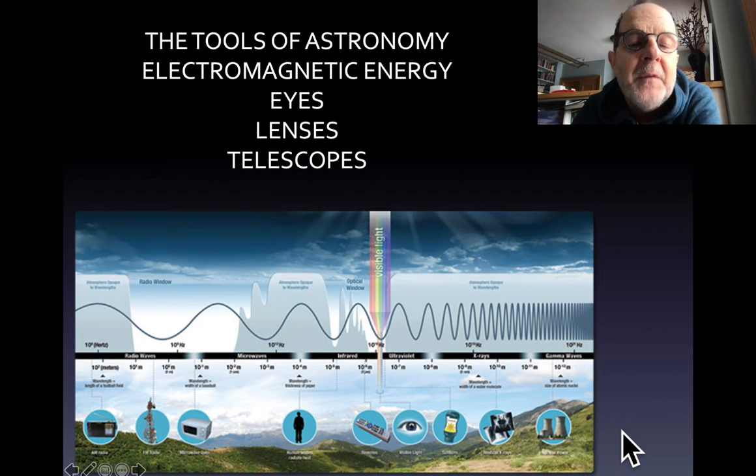So let's begin by recalling the video I asked you to watch before the break about the electromagnetic spectrum, about electromagnetic energy. Electromagnetic energy, that which is, as we should remember, produced in the sun by the process of fusion.